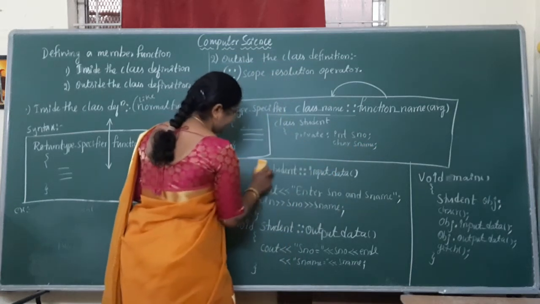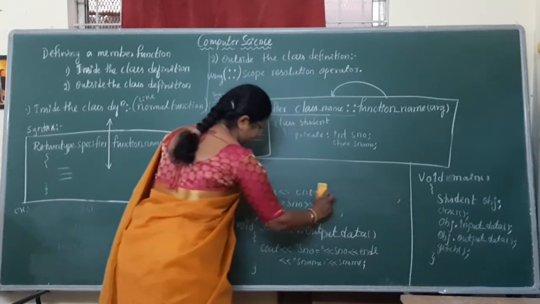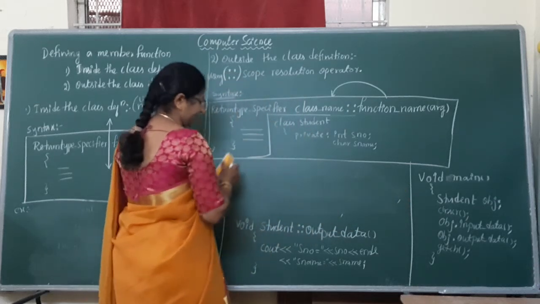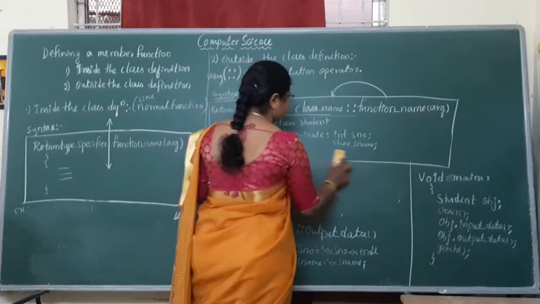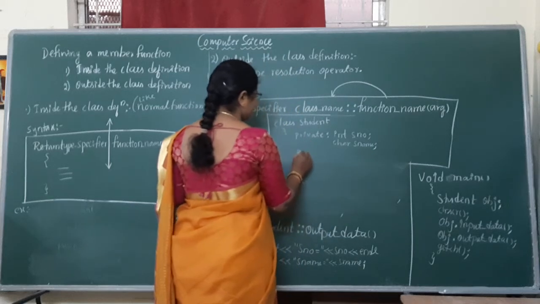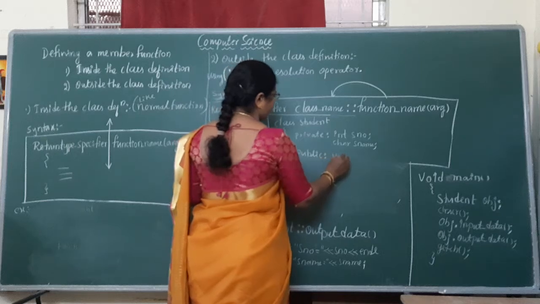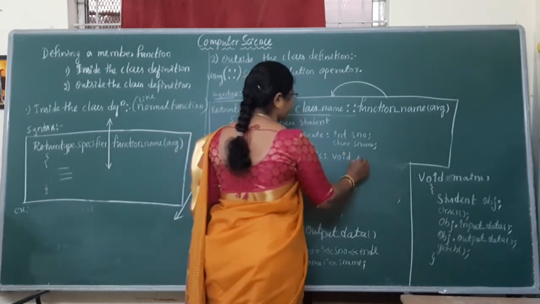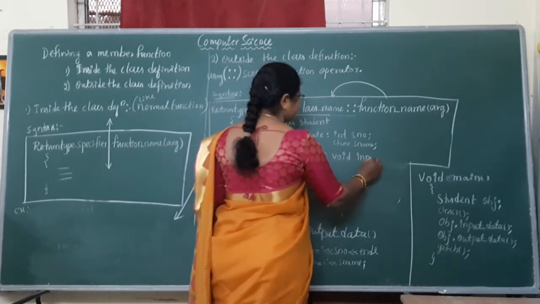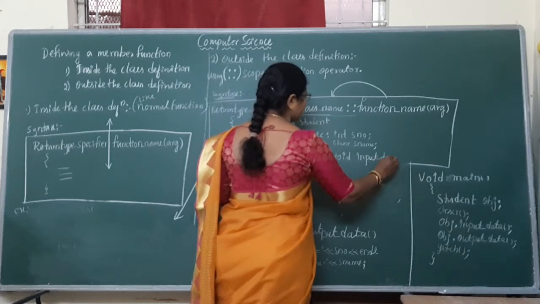Then whatever is here now, I will define inside the class. How will I do it inside the class? Public: void input data.